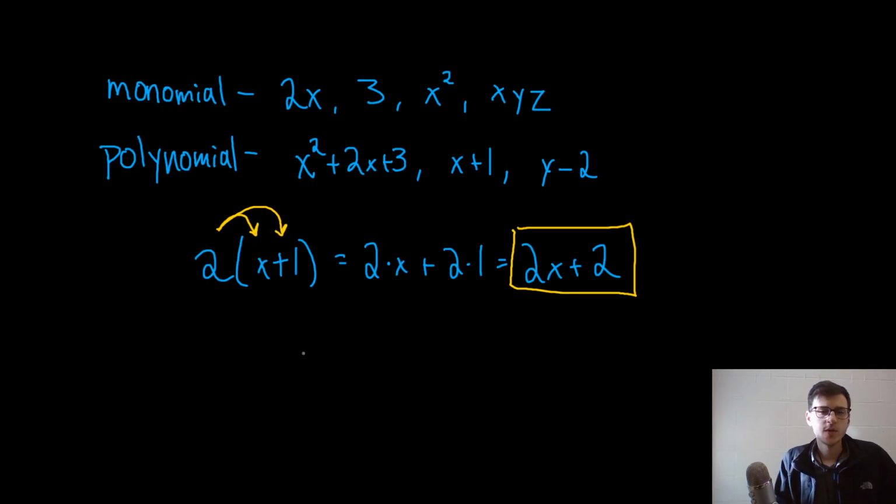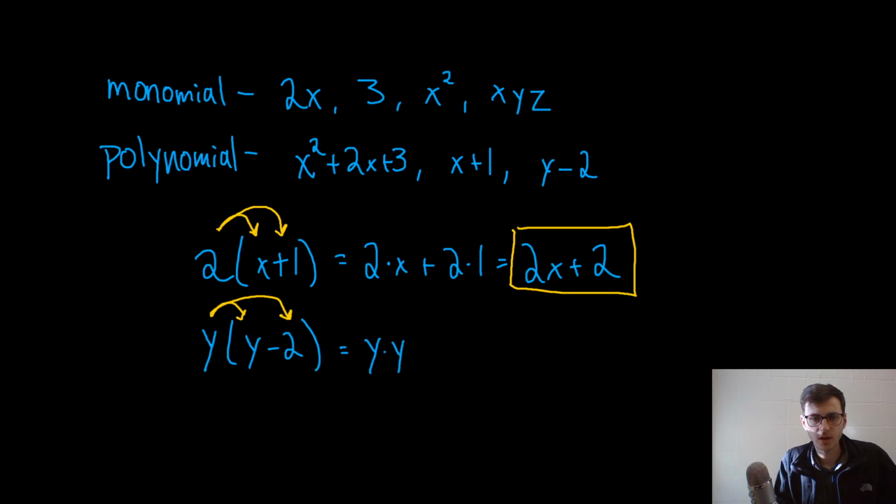Okay, what if we get a little bit more interesting, maybe, and do something like this? What if I said y times y minus 2? Well, it's the same idea, right? I distribute the y to both terms. y times y is y squared, right?